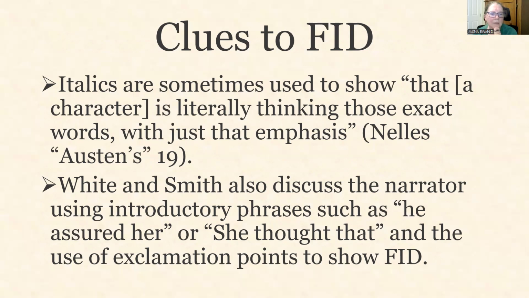And then White and Smith talk about how the narrator might be using introductory phrases, such as she thought that, or he assured her that. And then another sign, Austen rarely uses exclamation points, but if an exclamation point is showing up, it is often like you're in the character's head thinking the character's thoughts.